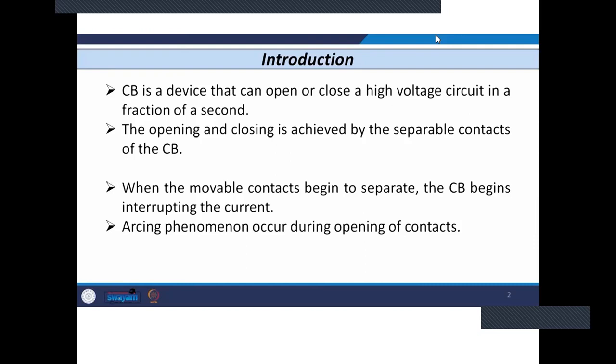But in normal conditions, it allows the current, so the contacts remain closed. When a fault occurs and the contacts of the circuit breaker open, arcing occurs. For this purpose we have to make some arrangement for pinching the arc. Otherwise, if the arc is not pinched, there may be a serious problem.